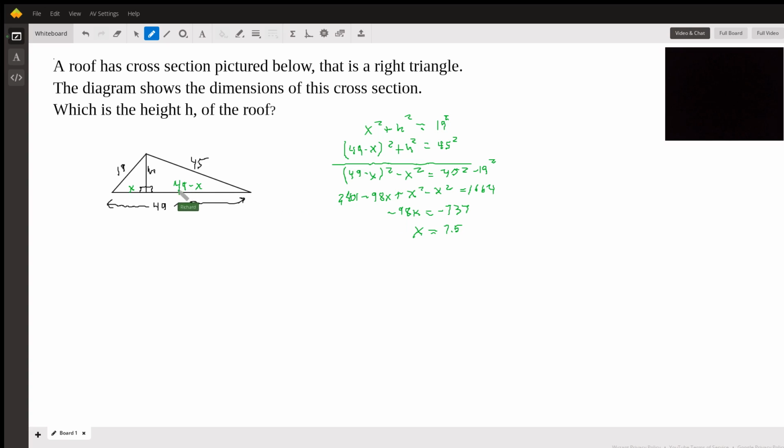Now we know that this length is 7.5, and we can use the Pythagorean theorem to find h. So let's go back and change colors again. 19 squared equals 7.5 squared plus h squared. 19 squared is 361.